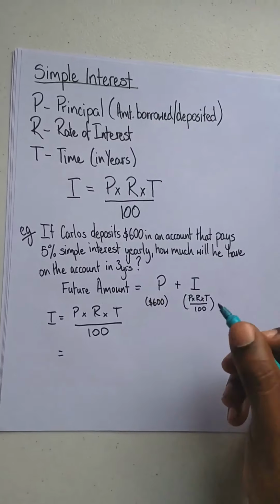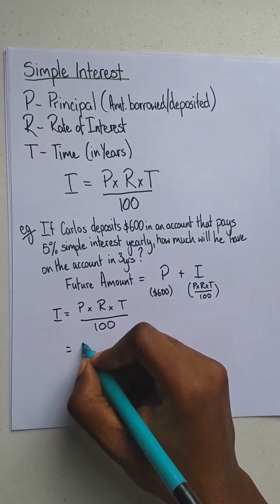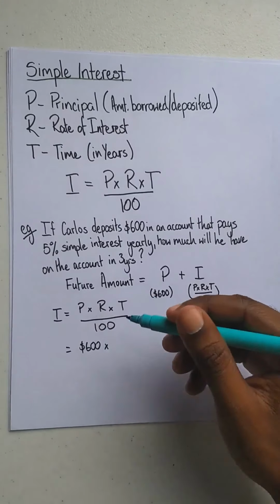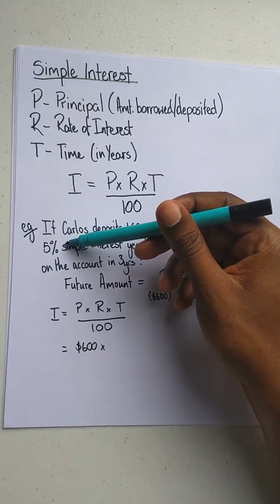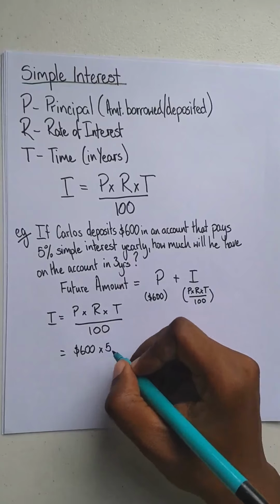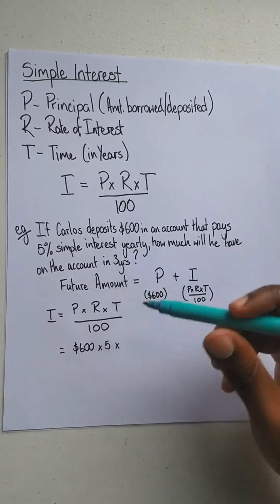In this particular example, P is the amount he deposits, which is $600. R is the rate of interest, 5% simple interest yearly. And T is the length of time for the transaction, 3 years.